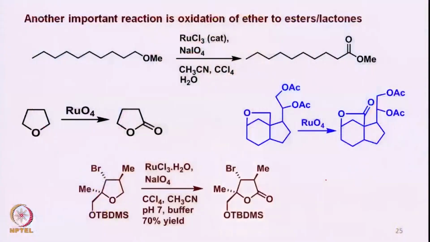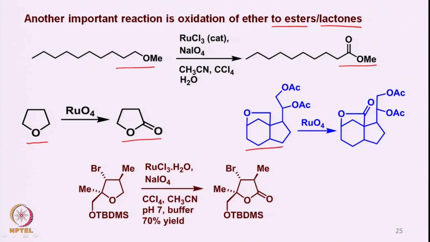There is another important reaction which is conversion of ethers to the corresponding esters, or to lactones. So, if we have an ether of this kind, one can get the corresponding ester. If one starts with a cyclic ether, one can get the corresponding lactone.